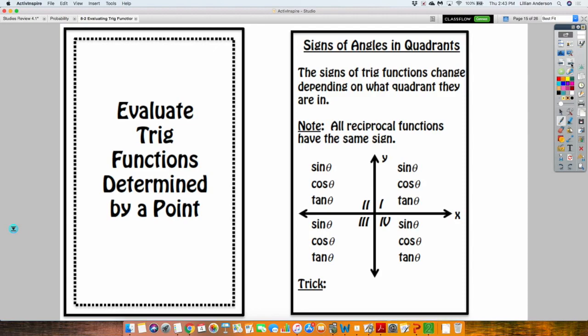In the second quadrant, oh, you already have them on there. Okay, cool. All these are positive. In the second quadrant, your x coordinate is negative, so that means that cosine is going to be negative. All the other ones are positive, except what reciprocal function is also going to be negative?